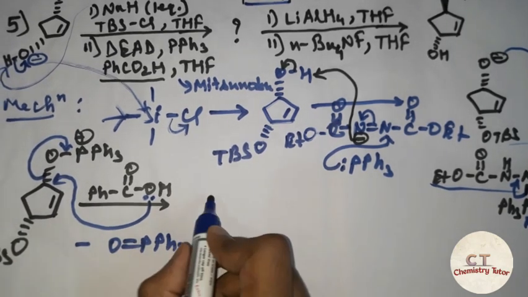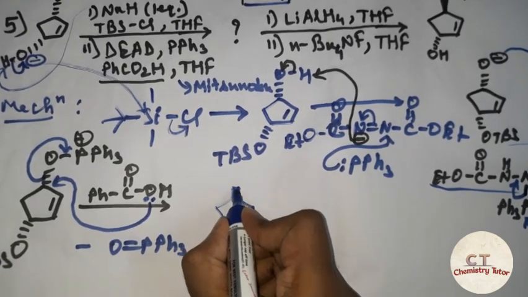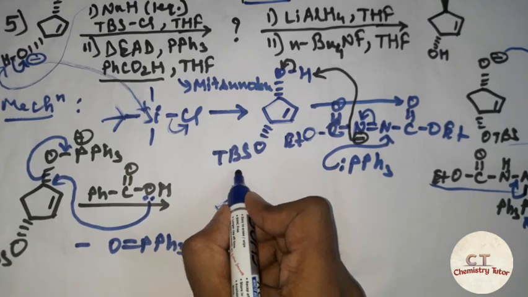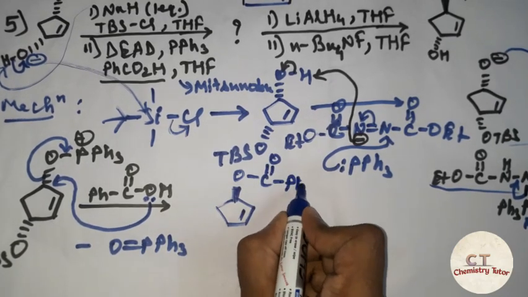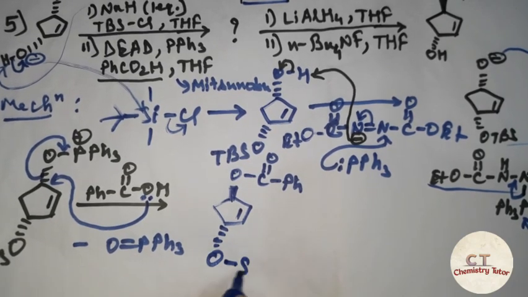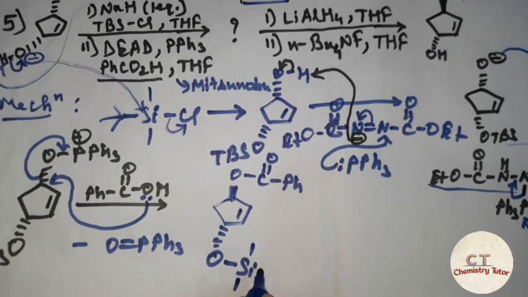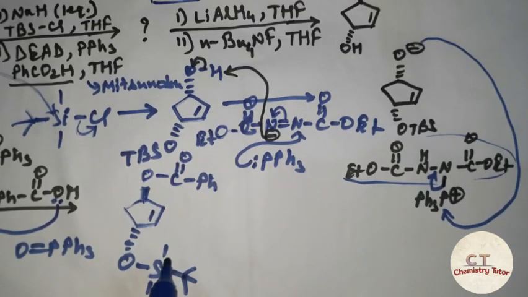The product we get is, above the plane, O C double bond O Ph, and here let me put in the silicon, tertiary butyl. So this is the product formed here.